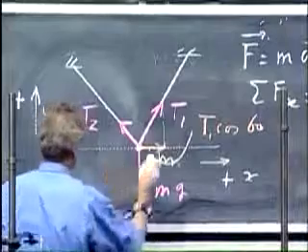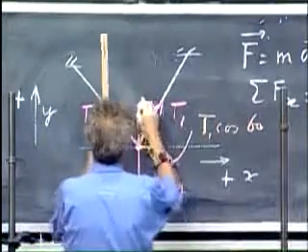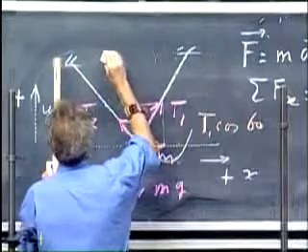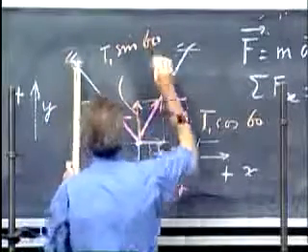Now, I want to know what this one is. This one is T1 times the sine of 60 degrees.